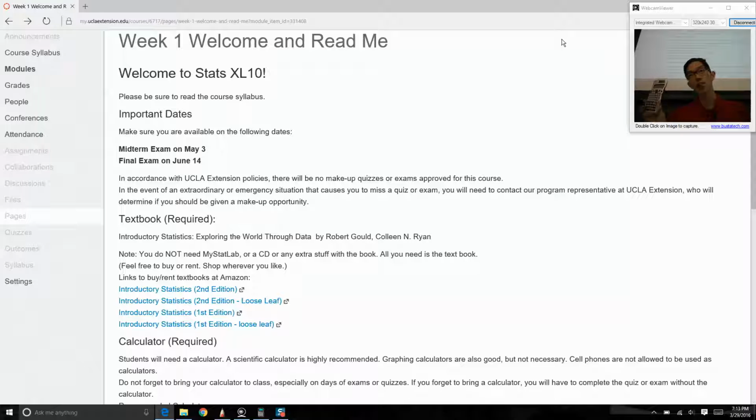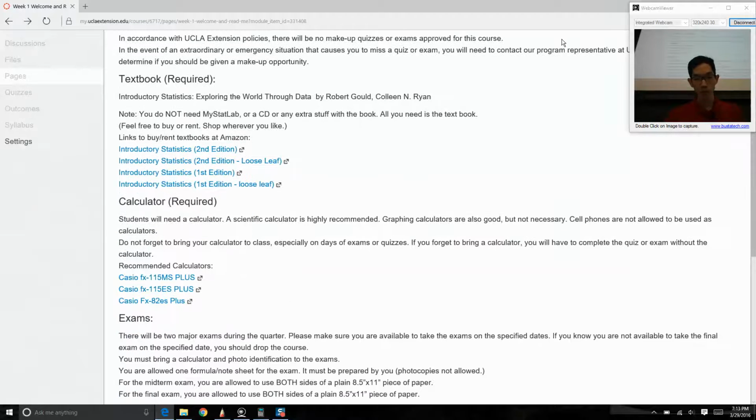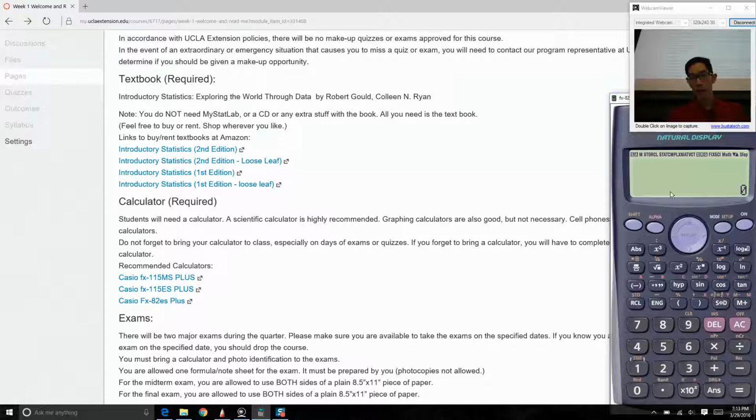These are about 15 bucks on Amazon. I've got a couple links to ones that I recommend. In class, I will be using this calculator on the screen, which is pretty much the same thing that I have here. If you have the same thing that I have, you can just push the same buttons that I push.